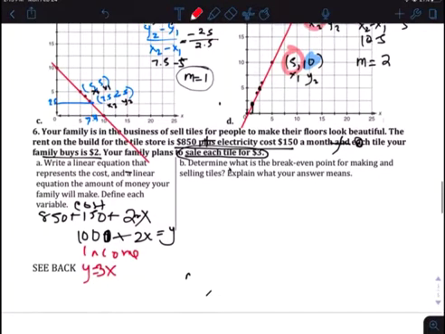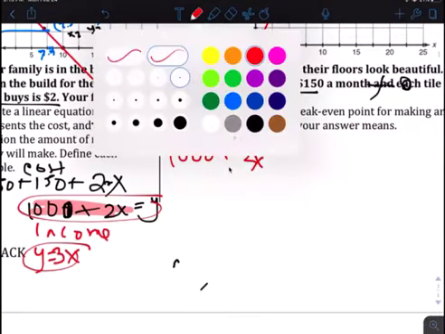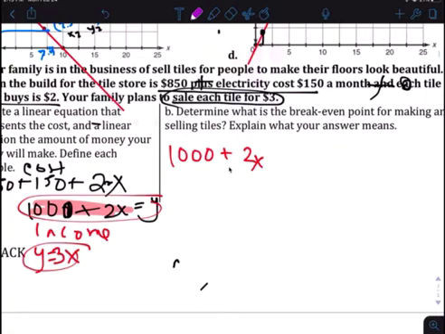To find the break-even point, they're both in slope-intercept form, so you use substitution. That means you're going to copy this, 1,000 plus 2x, equals x minus 2x.